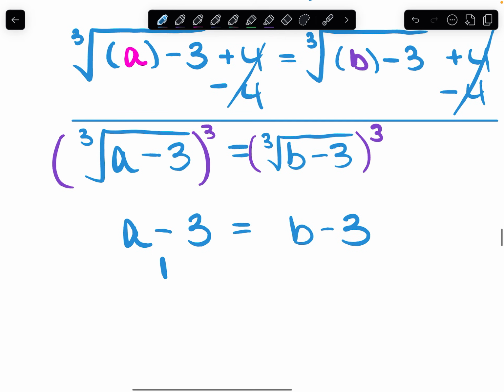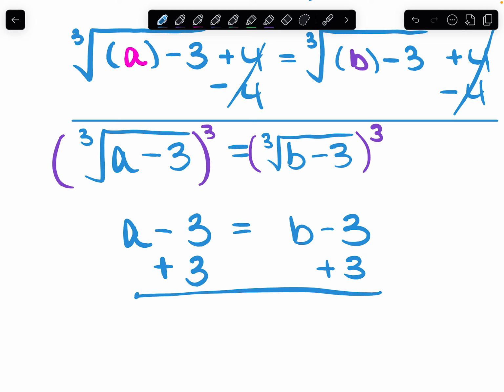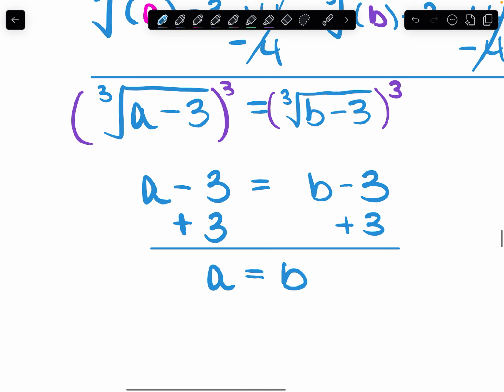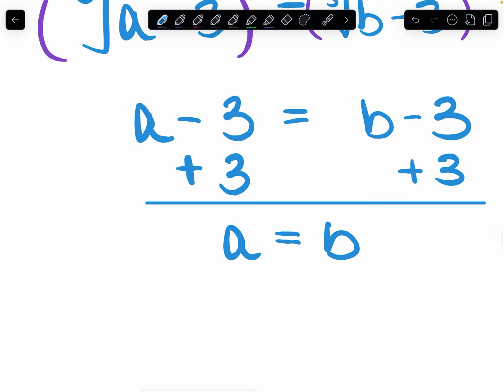I'm solving for a, so I'm going to add 3. And we get a equals b. As long as you get a equals b, that means the inverse does exist. The function is one-to-one. So we'll just put a little note here.